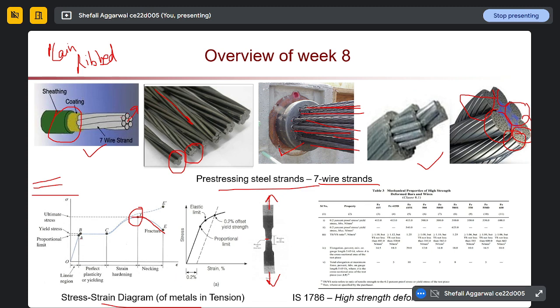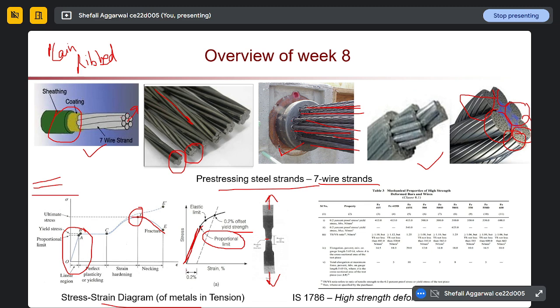If you see this highlighted part, you can see the proportional limit and yield stress are almost nearby. This is the difference between proportional limit and yield strength. The point until which it is completely linear is called the proportional limit. Normally we say that up to the elastic limit or yield strength, Hooke's law will be followed, but actually Hooke's law is followed up to the proportional limit.